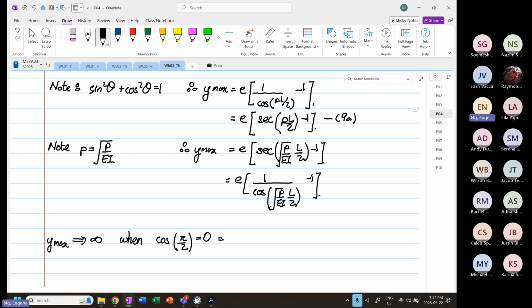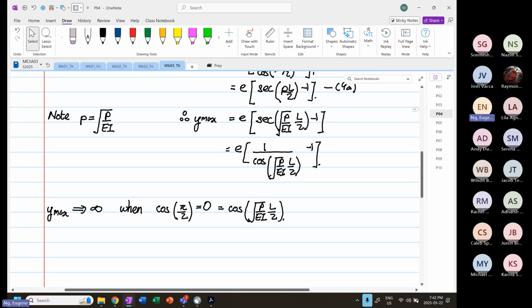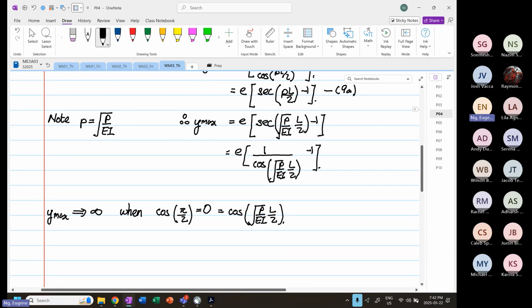So we can equate cos, and then we can put in square root P over EI multiplied by L over 2. Okay. So we are going to remove both the cos. Now we are writing this condition because we want to know what is Y max. And we know Y max tends towards infinity when the denominator is equal to 0. For the denominator to be equal to 0, we have to have pi over 2.